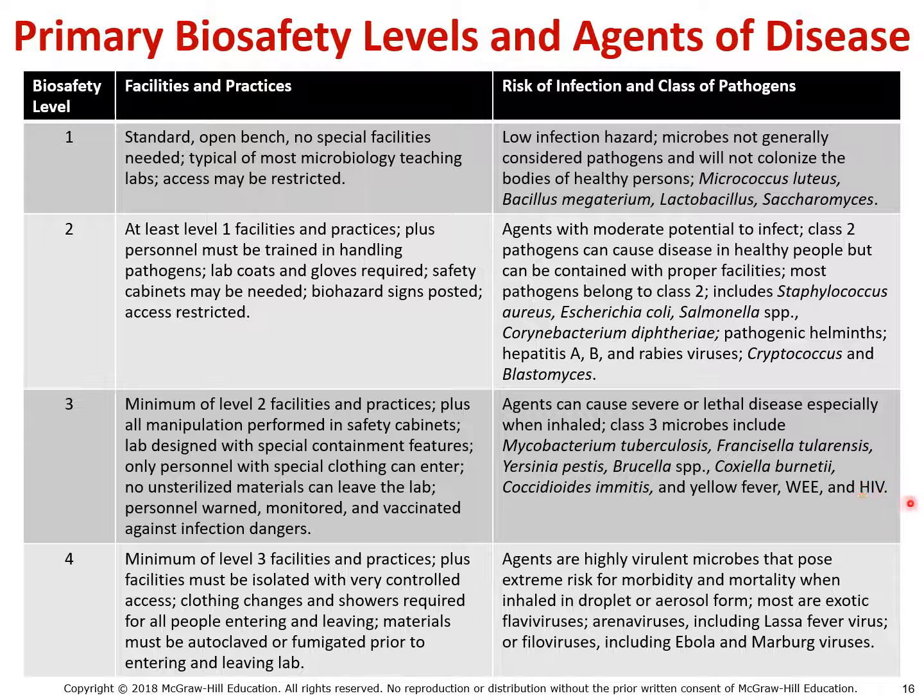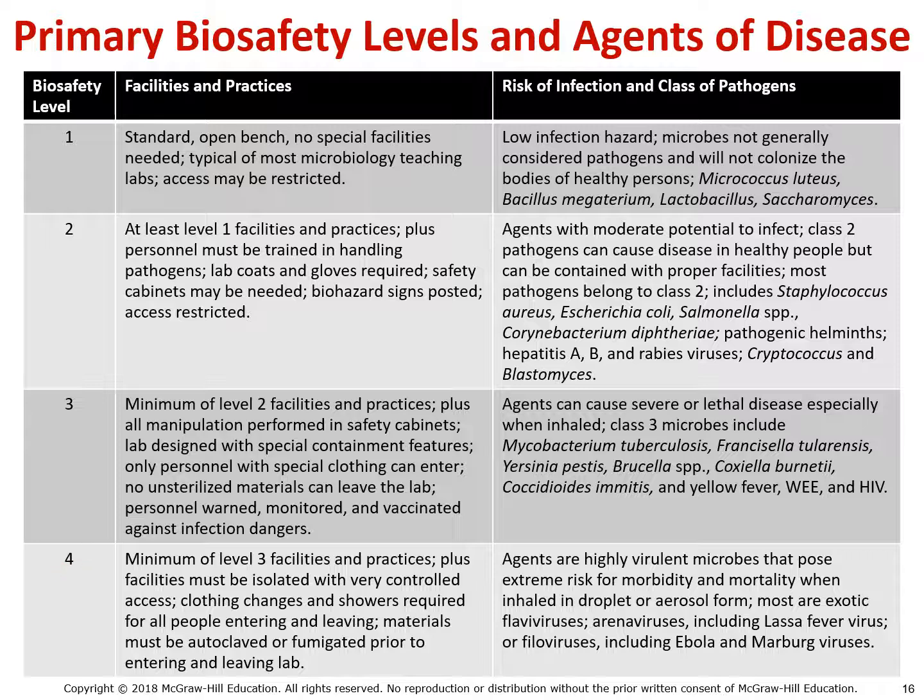But one of them that typically shocks most people is HIV. HIV is just level 3. And whenever we work with these, notice again, we're going to do most of our manipulations in safety cabinets. Again, we're going to make sure that we have special clothing. We're basically going to make sure that everybody's vaccinated and protected against infectious dangers. Again, we're ramping up the safety because the risk has gone up.